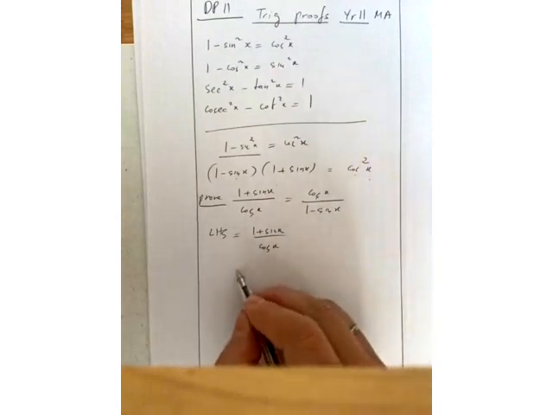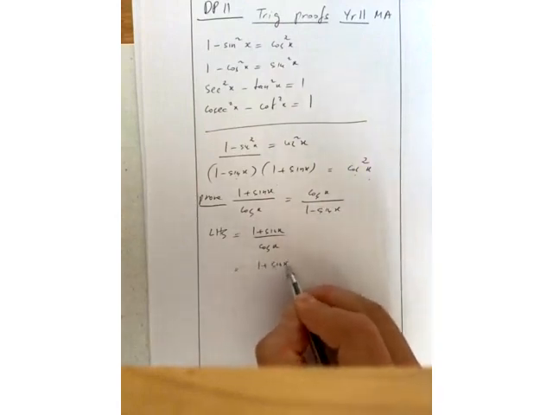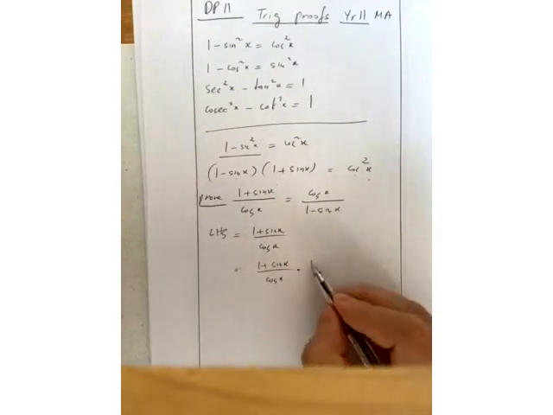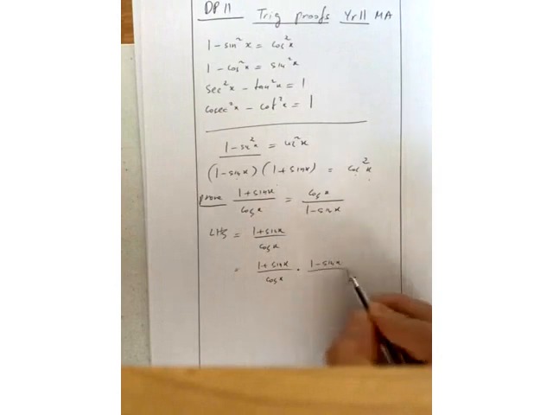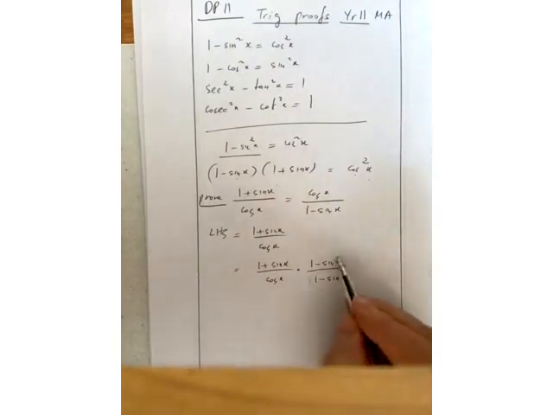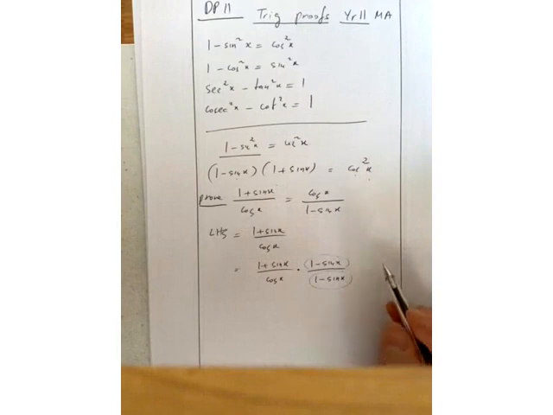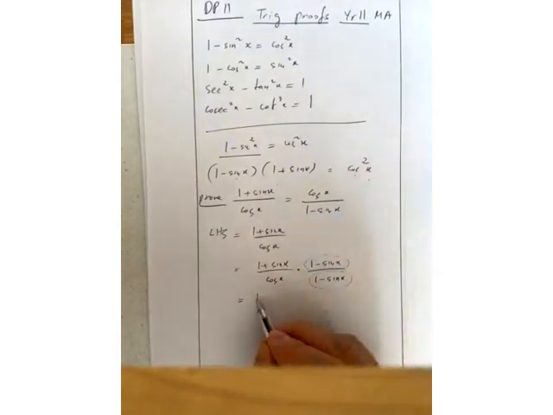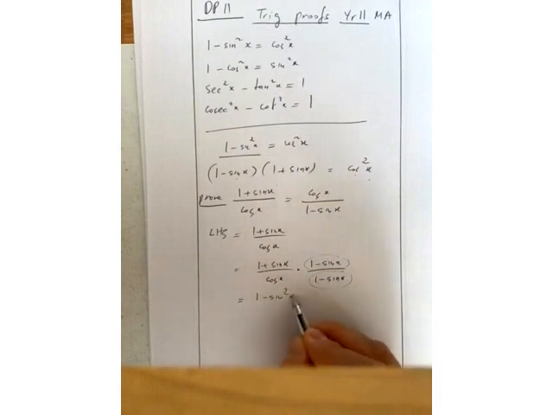The only thing you can do to that is use the difference of two squares. So you multiply top and bottom by 1 minus sine x, which introduces the 1 minus sine x on the bottom on the right-hand side. Whatever you multiply on the bottom, you multiply on top. So the top gives you the difference of two squares, which is 1 minus sine squared x.